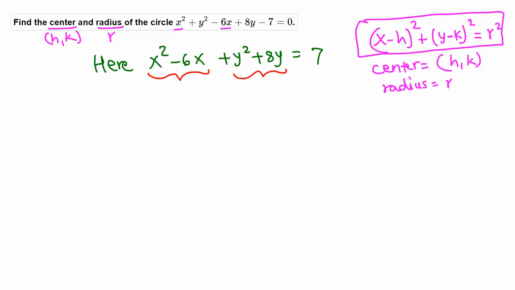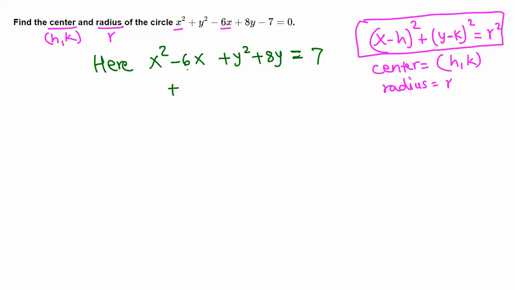We need to add a nice number here, and the same thing here, and when we add something on the left, we have to do the same on the right-hand side, because this is an equation, so we have to make it balance. For the first, we need to add half of negative 6.